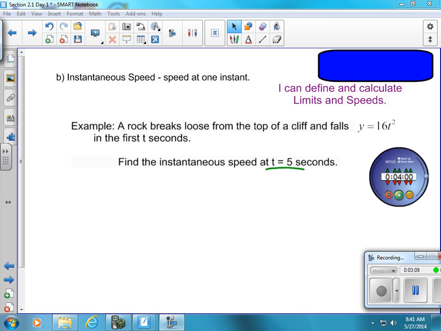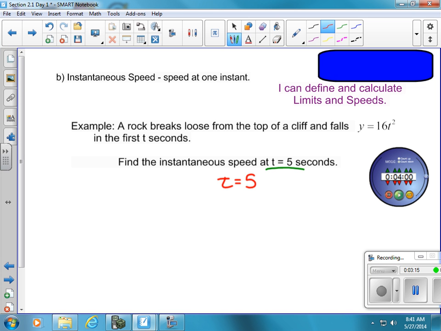What we're going to do is find the speed from t equals 5 up to t equals 5 plus h. H is a teeny, tiny bit larger or smaller than 5. So we'll pretend that it's a little bit larger, and we take the change in y over the change in time.